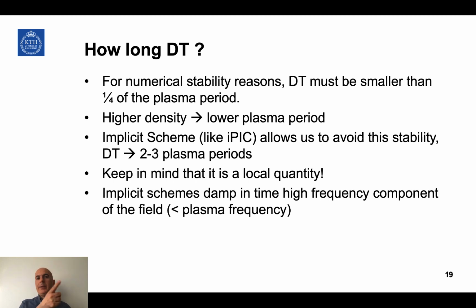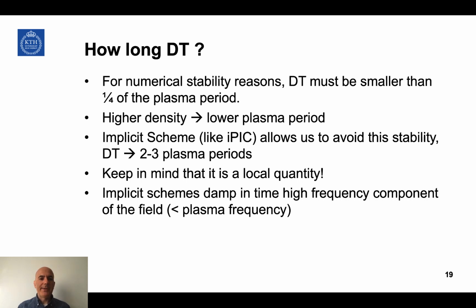Remember that the plasma period is this basic oscillation to restore charge neutrality. So we need to sample at least 4 times during this oscillation to have stability. One of the problems is that the higher the density of the plasma, the shorter the plasma period, so the time step also becomes smaller.